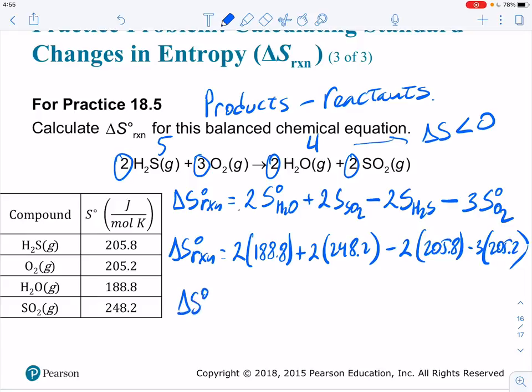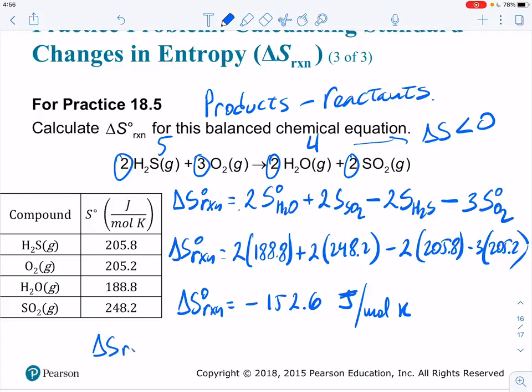So your change in entropy for the reaction, given the information that you had, is minus 152.6 joules per mole Kelvin. So it's negative.